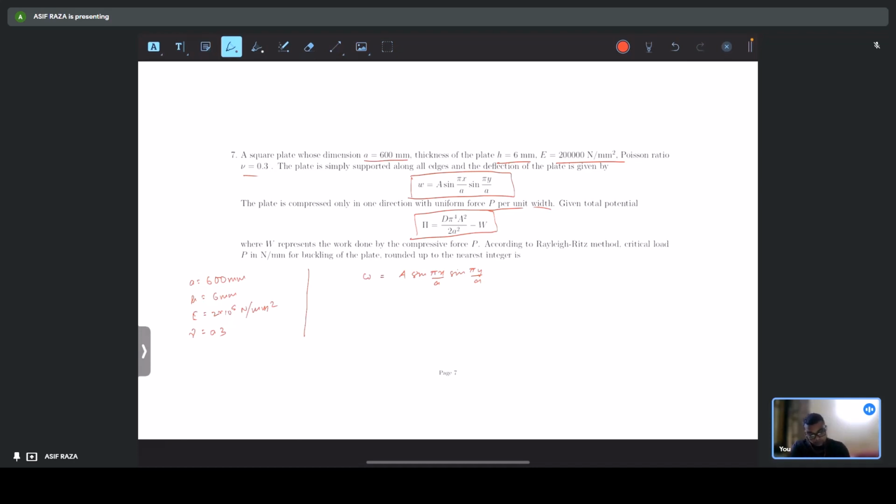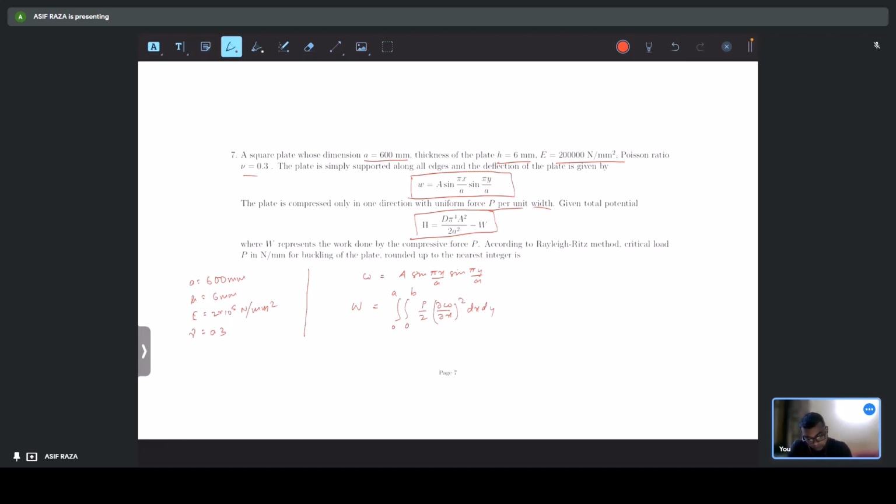Now, the work done by the compressive force P would be given by the integral from 0 to a, 0 to a, of P by 2 times del W by del X whole square dx dy, right?